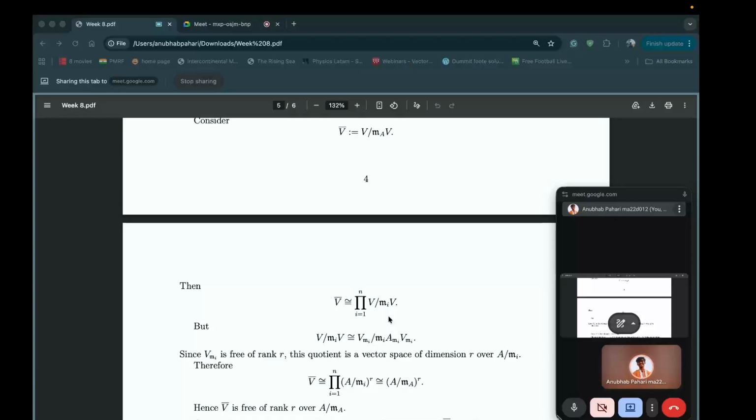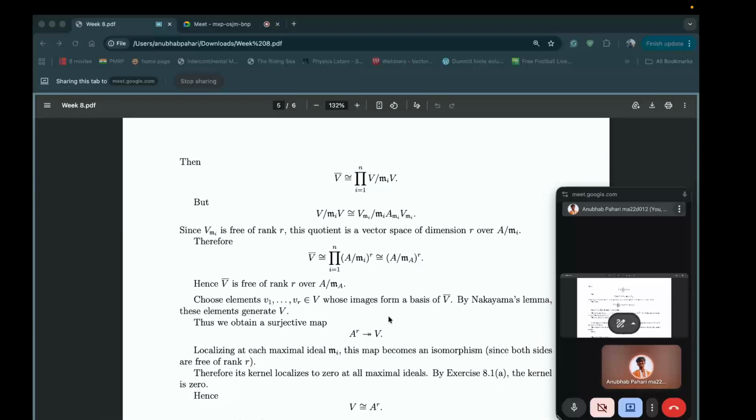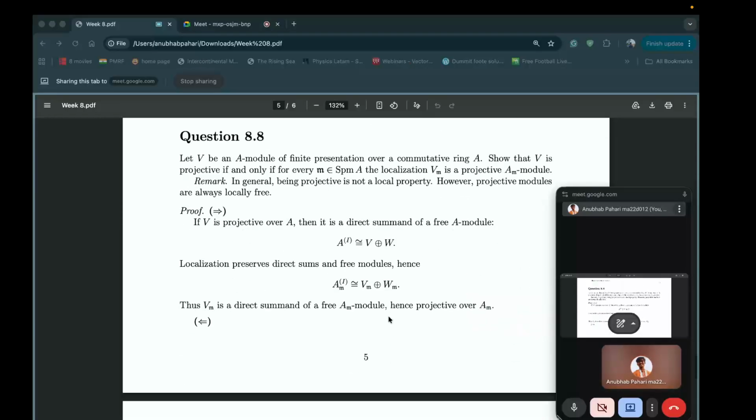Now since VMi is free of rank R, this quotient is a vector space of dimension R over A mod Mi. Therefore V bar is isomorphic to the product of (A mod Mi) to the power R, which is isomorphic to (A mod M) to the power R. Hence V bar is free of rank R over A mod M.